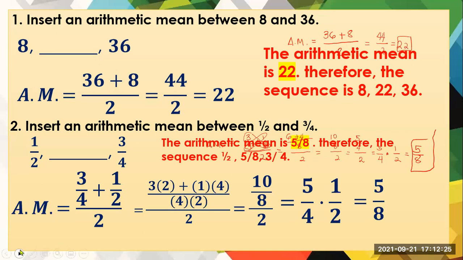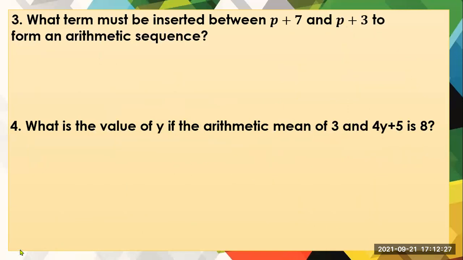Next. How about this one? This came from your module. What term must be inserted between p plus 7 and p plus 3 to form an arithmetic sequence? Take note that p plus 7 is one term and p plus 3 is another term, and you have to insert one term between them.